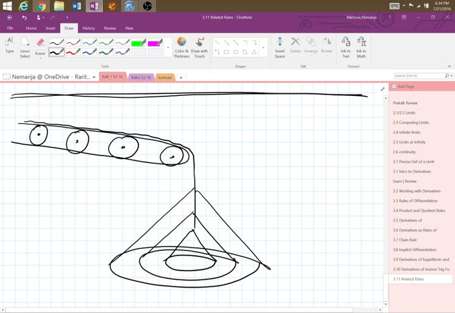What else? All of that changes in time. So let's see another 2 changes in time. What else we didn't use there? Surface area. Very good. Change in surface area.